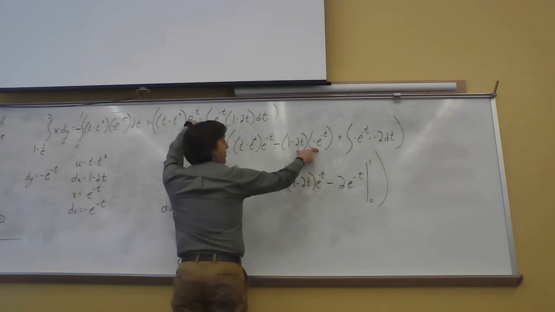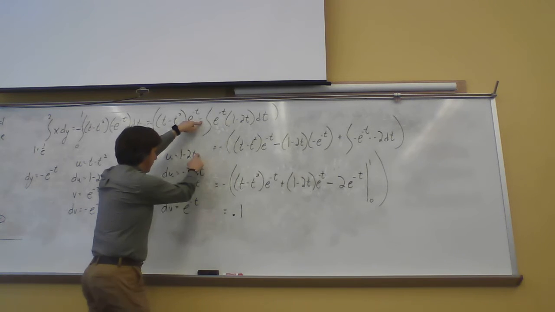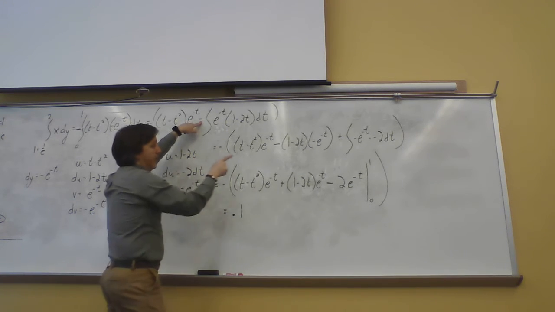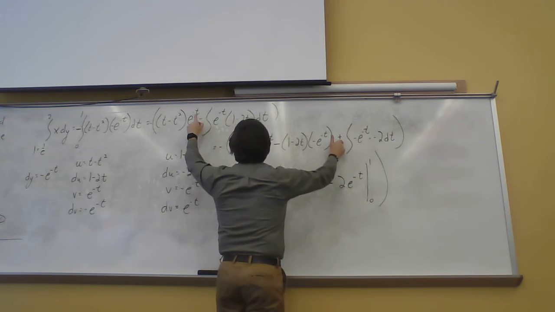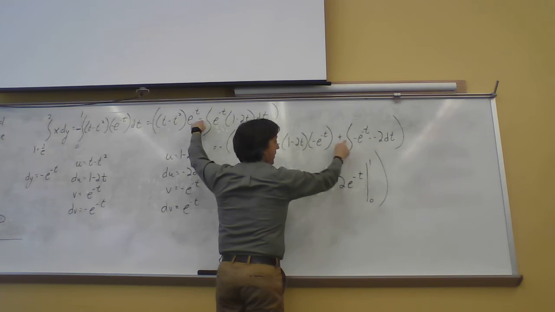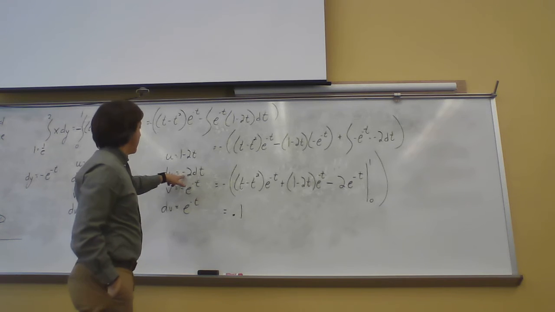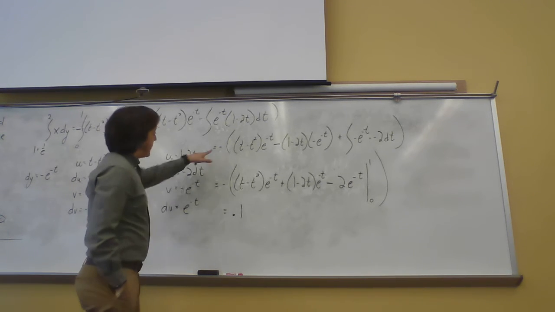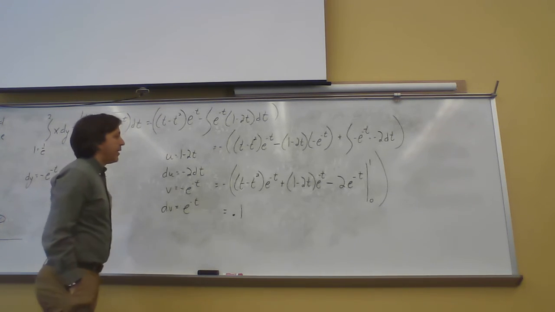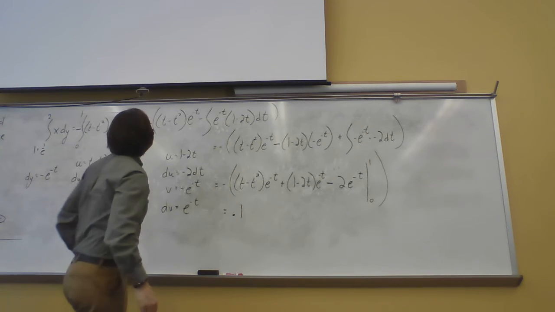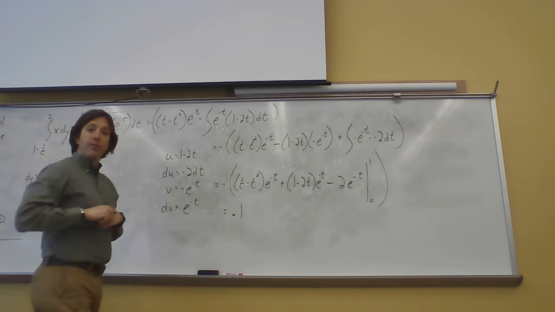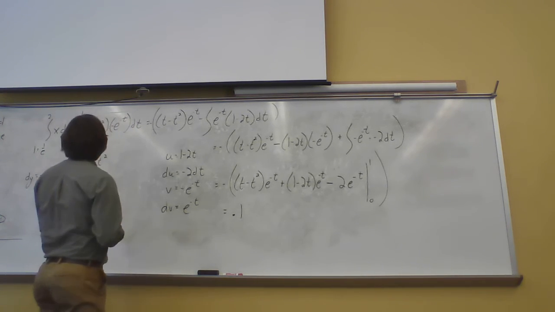So I have minus u times v, the new u and v that I just found. And then it should be minus the integral, but again, with that minus that we had before, now it's a plus the integral of e to the negative t times negative 2 dt. Still with that extra negative in front. It would probably have been easier to just have done it from 1 to 0 instead of 0 to 1. That would have been so much better.